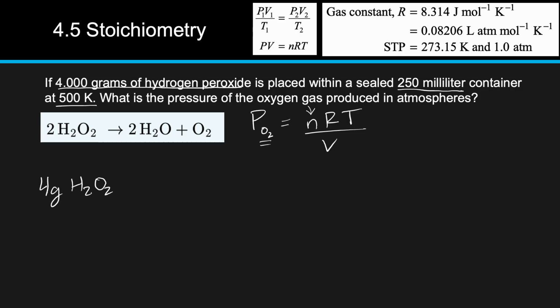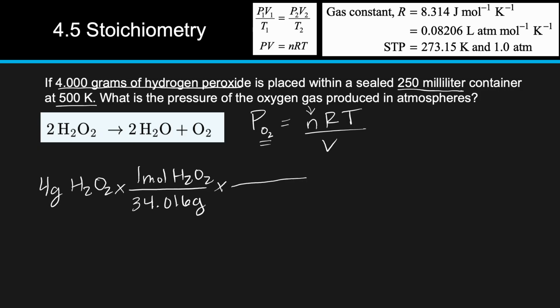So in order to solve for my pressure using the ideal gas law, I first need to find moles of oxygen gas. So in order to get to oxygen gas, I first need to get this into moles. So in 1 mole of H2O2, I know that's going to be equal to the molar mass, which is going to be 34.016 grams.